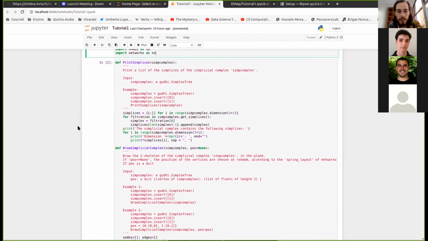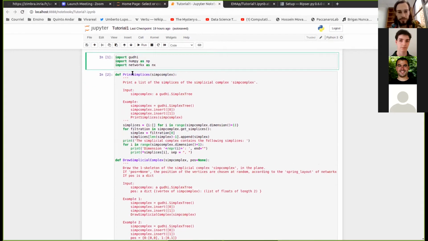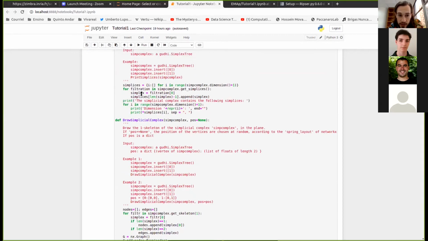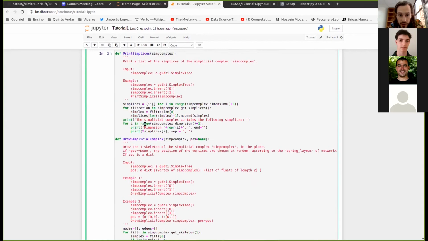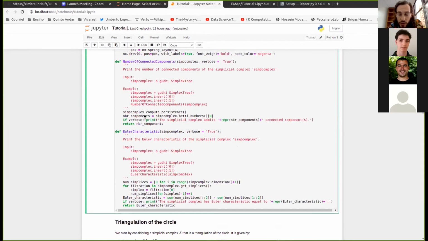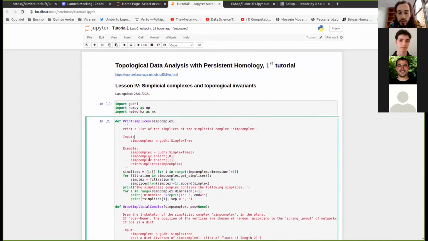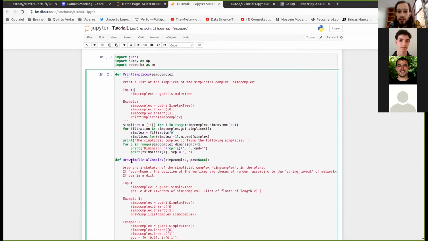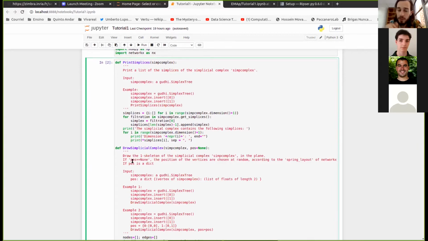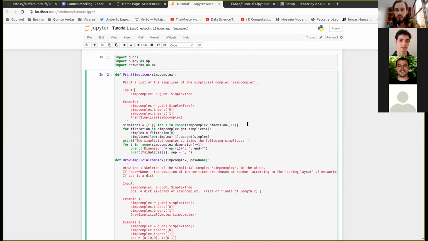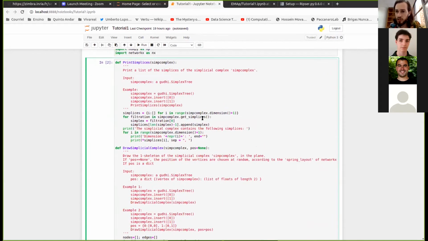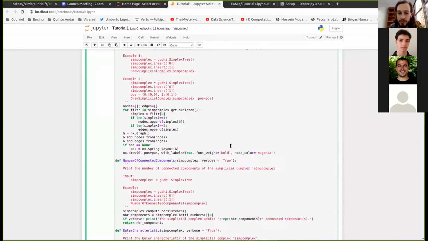So this is why I use this library. And in the second box, you can see 4 functions I define. As this is the first tutorial, I already coded some functions to simplify your computations, but you will be able next week to understand all of that. Okay.